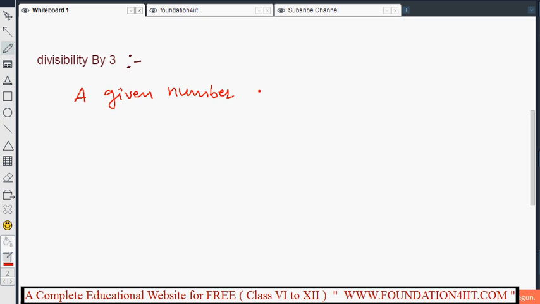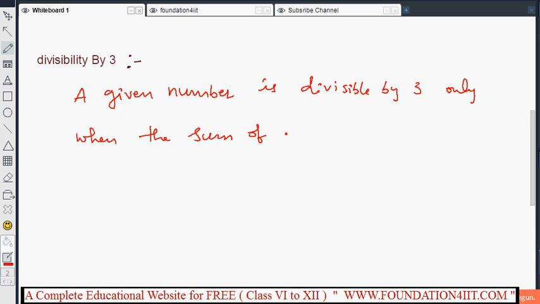A given number is divisible by 3 only when the sum of its digits is divisible by 3.